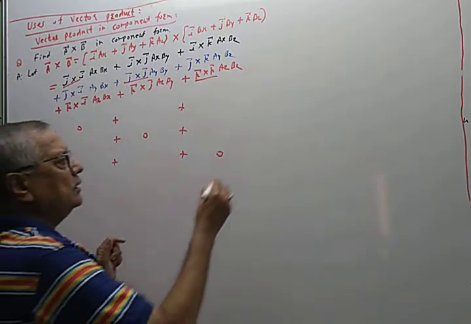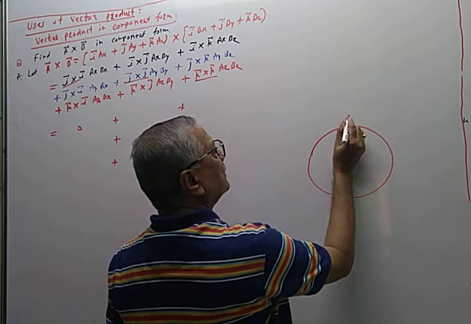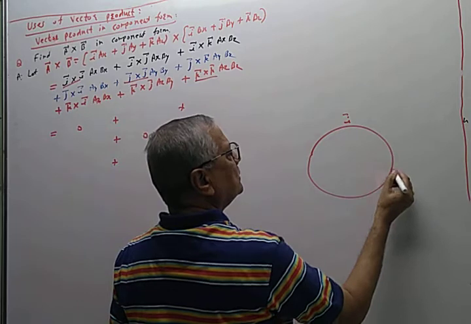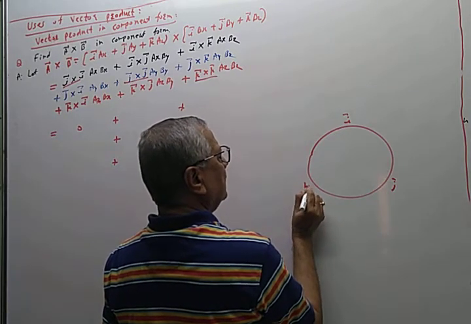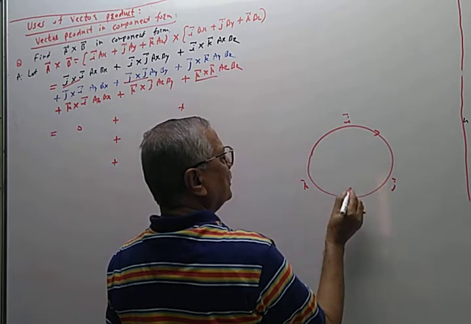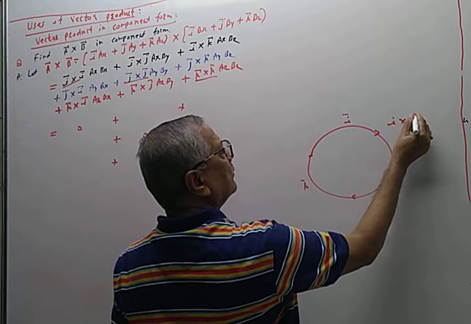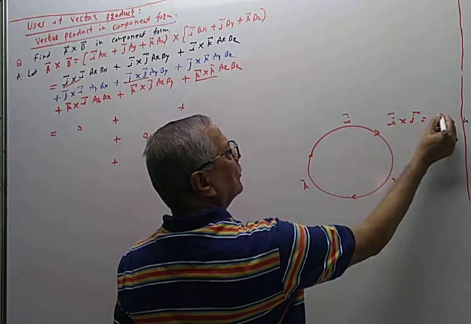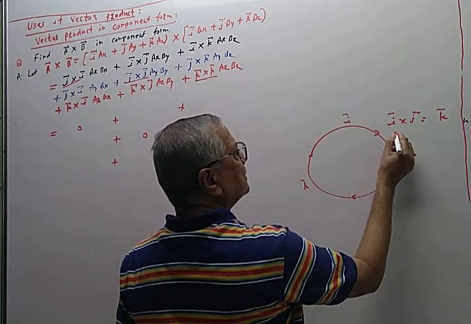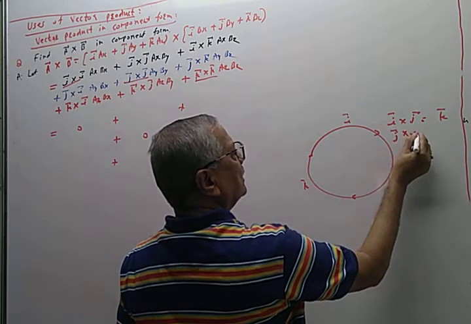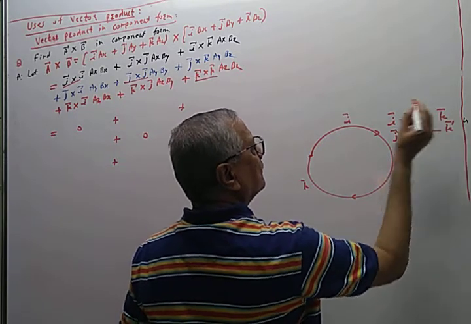Now what is i cross j? So this cycle rule is important. If this is vector i, if this is vector j, if this is vector k, then if we go in clockwise direction, then i cross j is equal to the third vector k, and it has cross sign. Now if we take the reverse direction, then j cross i, the law of commutation does not obey, this is minus k.